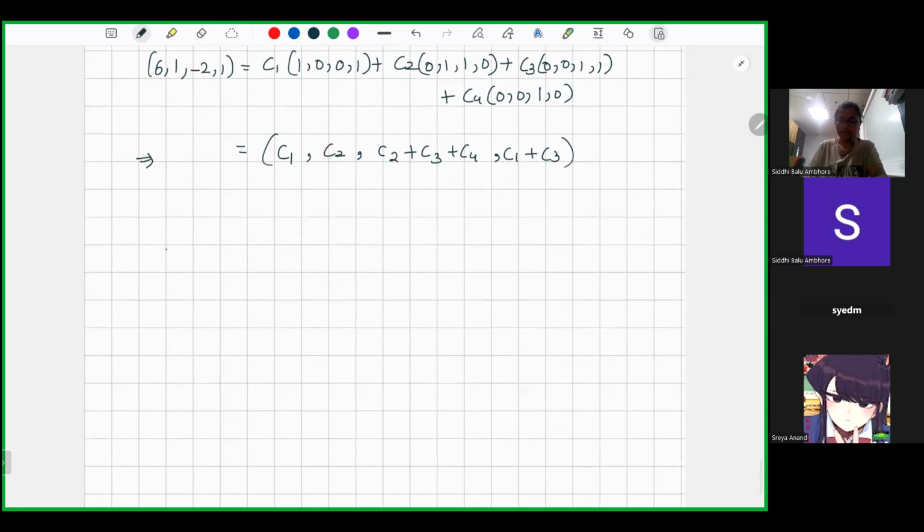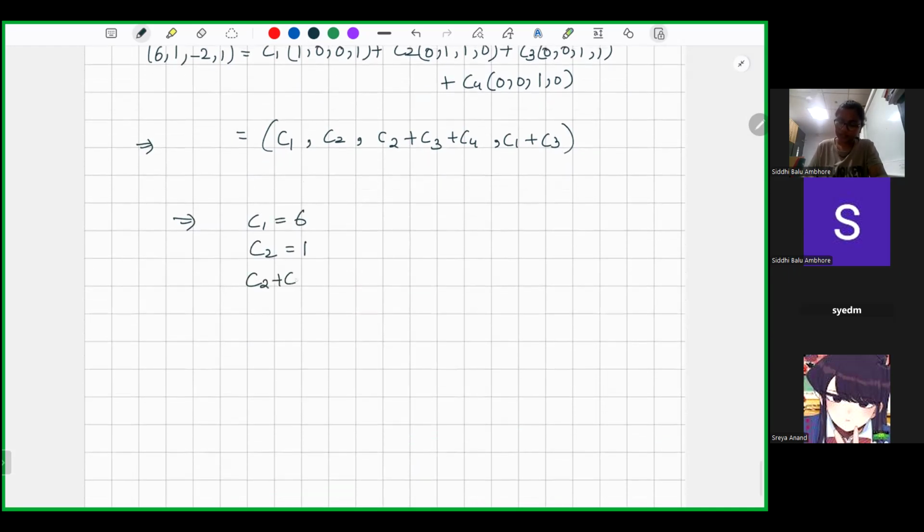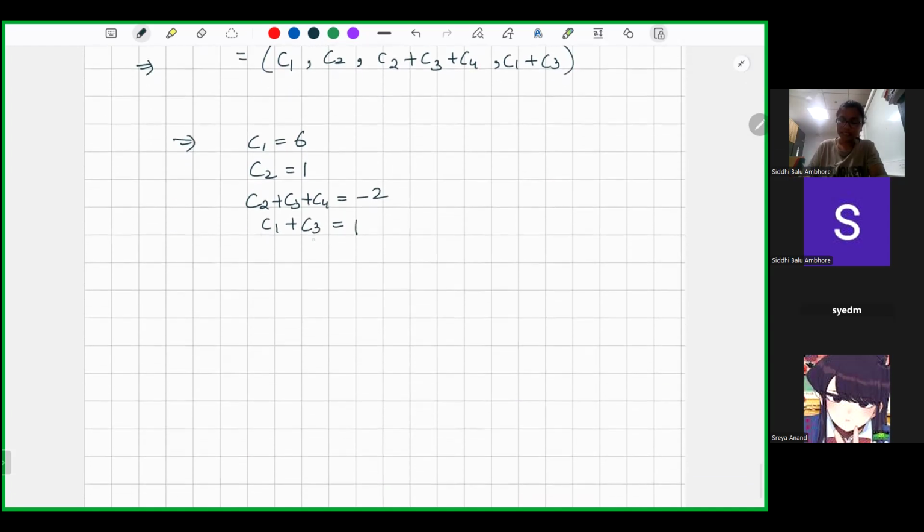This is what I have. So this gives me C1 is equal to 6, C2 is equal to 1, C2 plus C3 plus C4 is equal to minus 2, and C1 plus C3 is equal to 1. But C1 plus C3 is equal to 1. This implies that 6 plus C3 is equal to 1. This implies C3 is equal to minus 5, right?